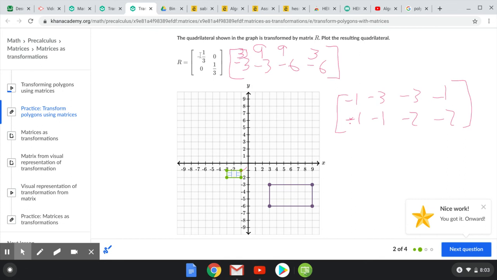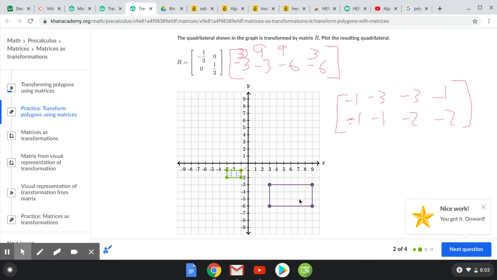So I have a negative 1/3 that's being multiplied to my x's. So my x's are going from positive to negative. So that's going to be a y-axis reflection. So it makes sense that my box ended up on the other side of the y-axis. And then everything also became 1/3. So it makes sense that all of my proportions got shrunk down.